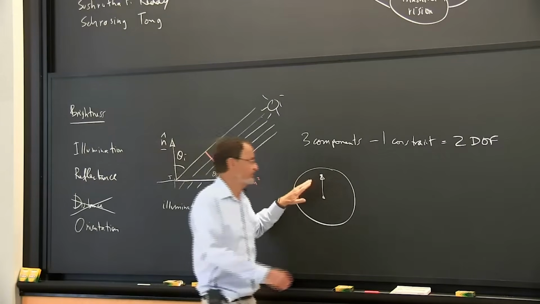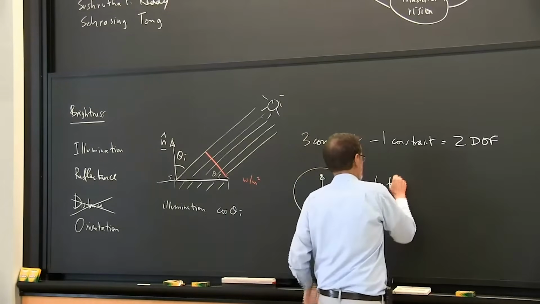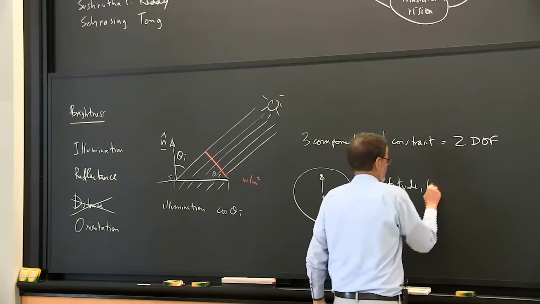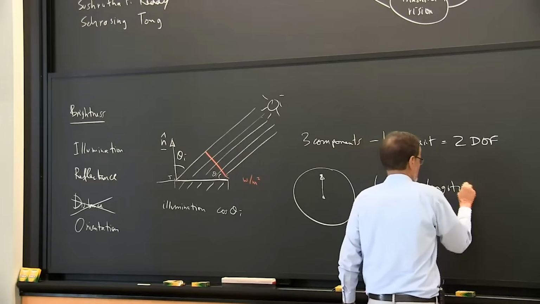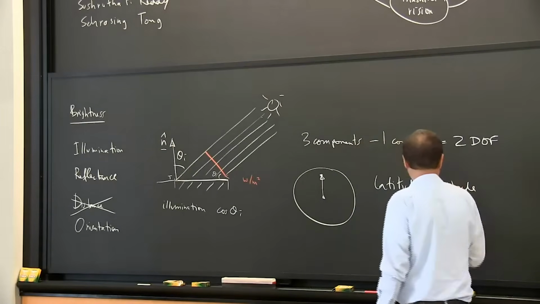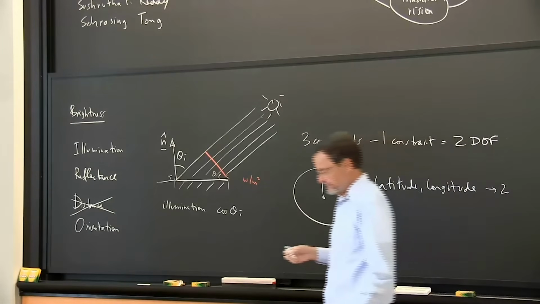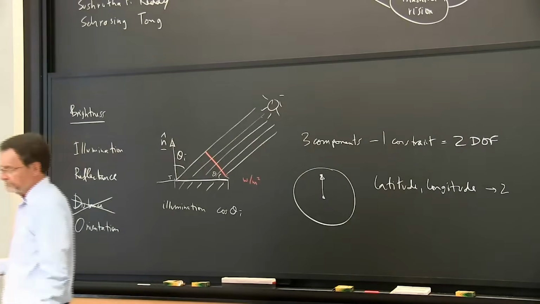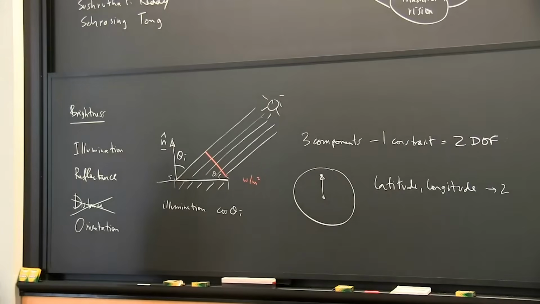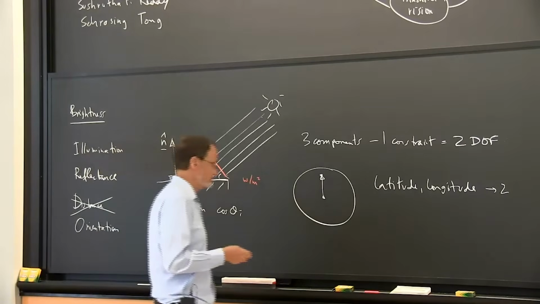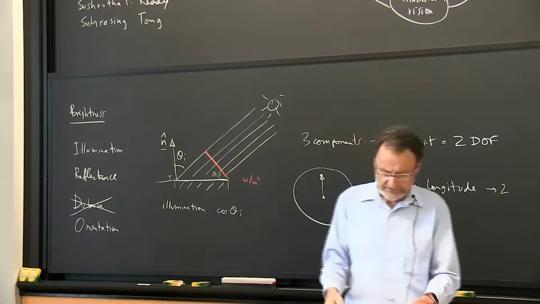And I can talk about points on the sphere in various ways, but one is latitude and longitude. And that's 2 variables. So that tells us again in another way that a unit normal has 2 degrees of freedom. And if I want to pin it down, I better have 2 constraints. So that's where that was going. And that makes it interesting.